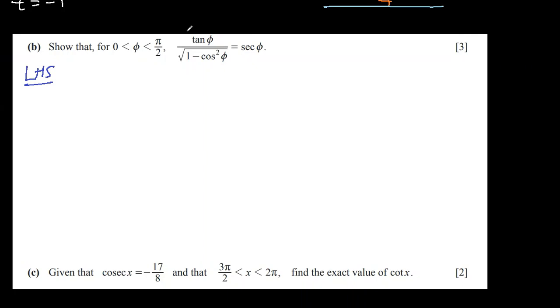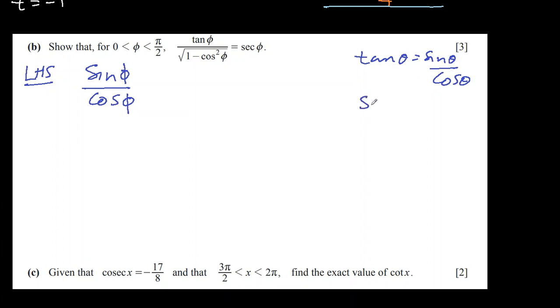So we won't touch the RHS, we will just look at the left hand side. The first identity I'm going to use is tan theta is sine theta over cos theta. So in place of tan phi, I will write sine phi over cos phi.